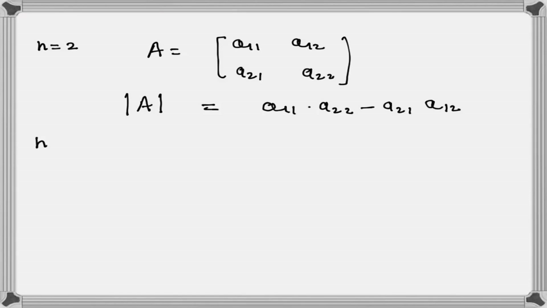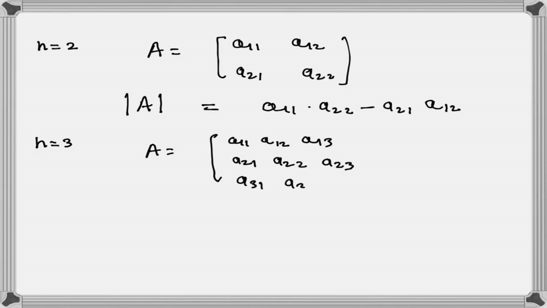When n is equal to 3, then A is equal to A11, A12, A13, A21, A22, A23, A31, A32, A33. Then how do we define the determinant?